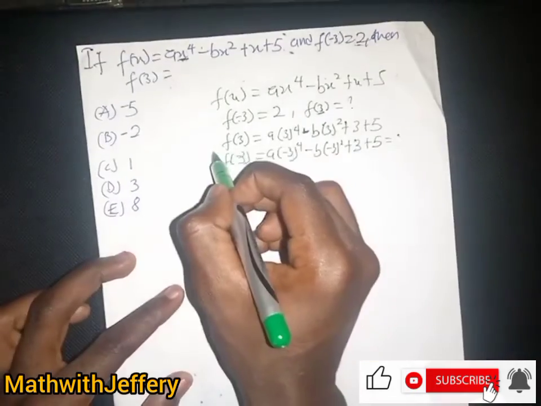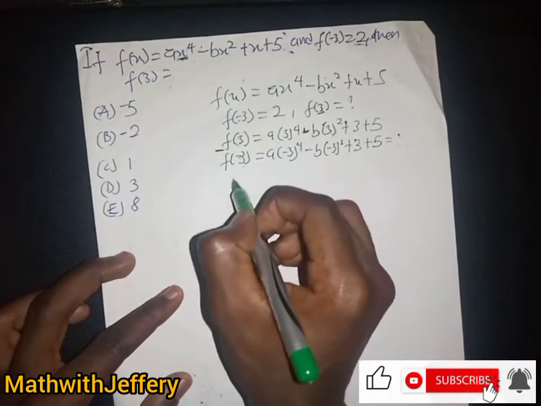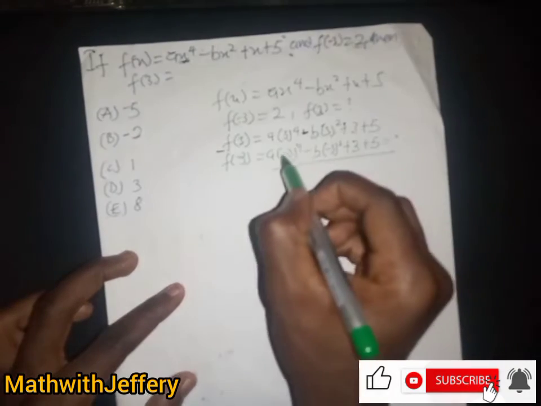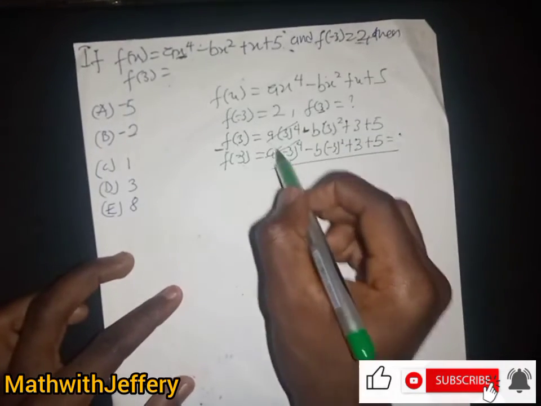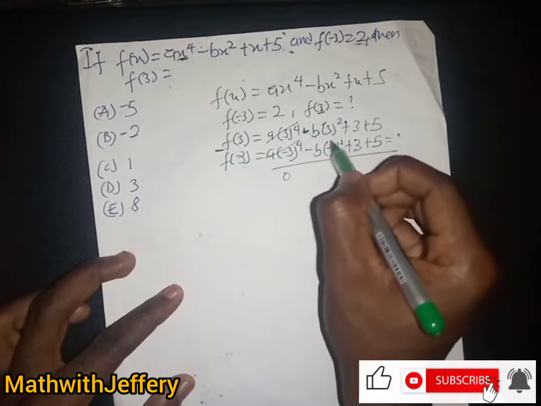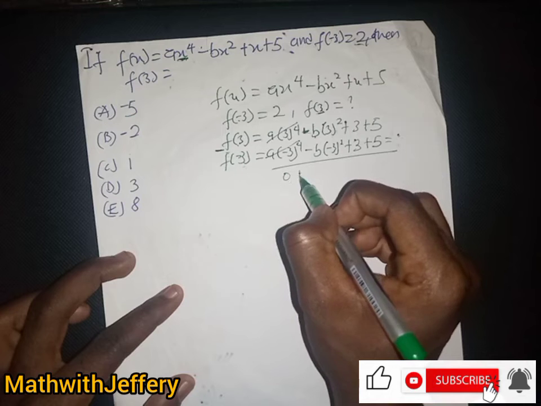Now when we subtract this from that, this and that go to 0, then also minus b plus b, everything here goes to 0 also.